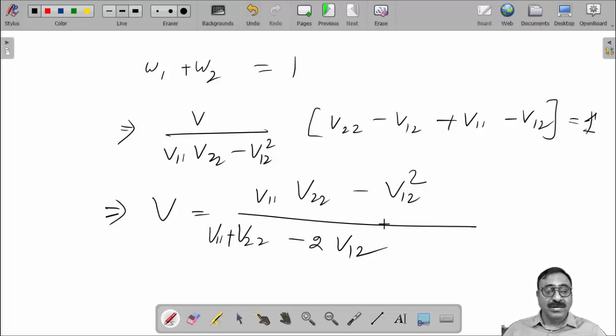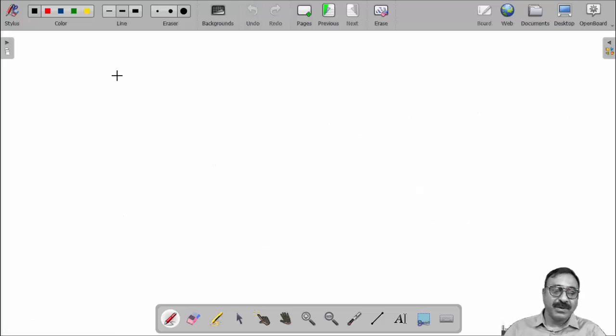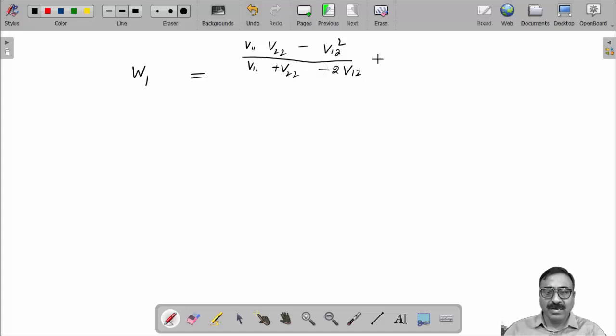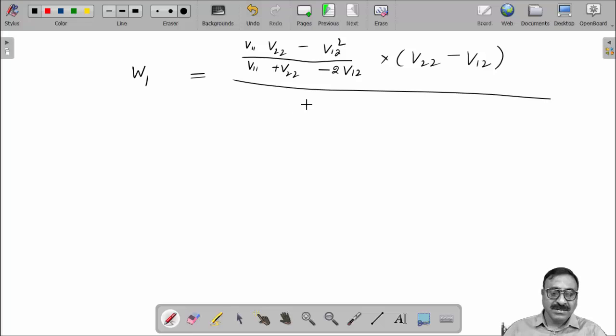So now using this value of V, we can again get W1 equal to V11 V22 minus V12 square divided by V11 plus V22 minus 2V12, into V22 minus V12 divided by V11 plus V22 minus 2V12.